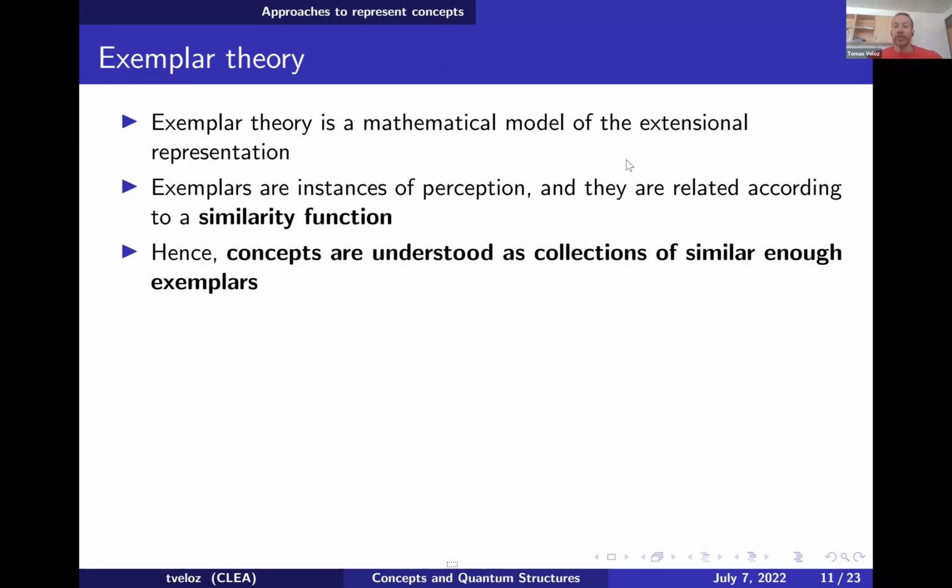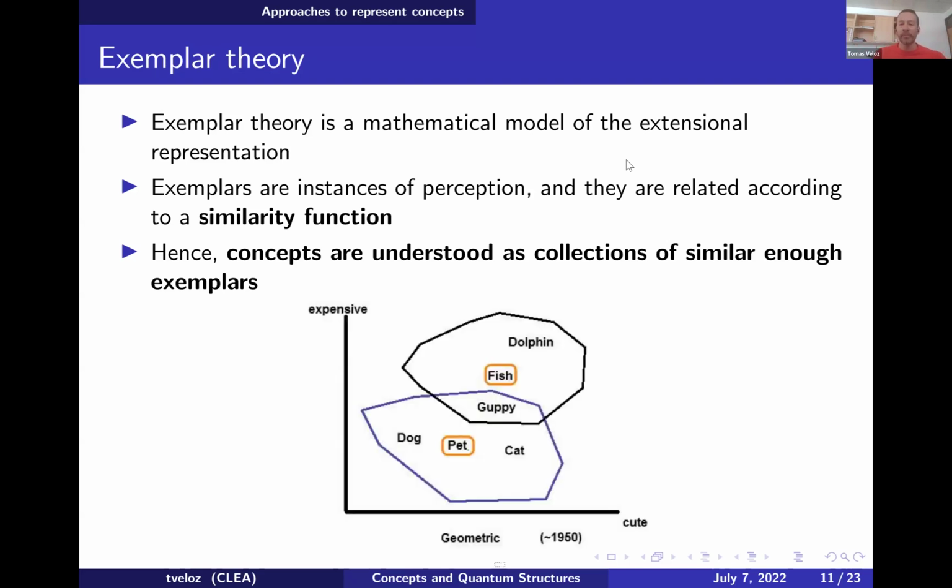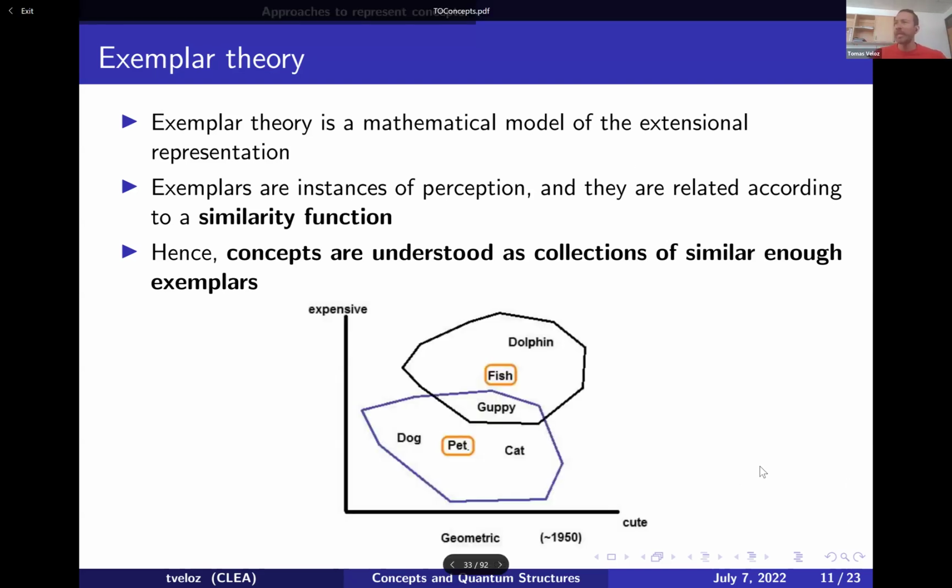So concepts are understood as collections of similar enough exemplars, and these exemplars can be genes, words, sentences or paragraphs or books or pictures or videos. We have to define them, but we need this similarity function to deal with it. And generally, we go very rapidly into geometry with this type of thinking.